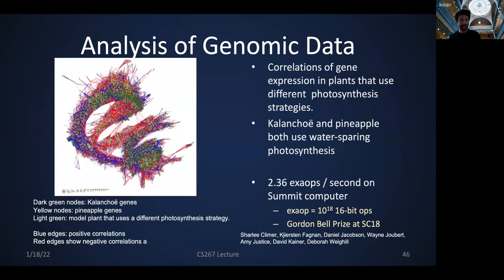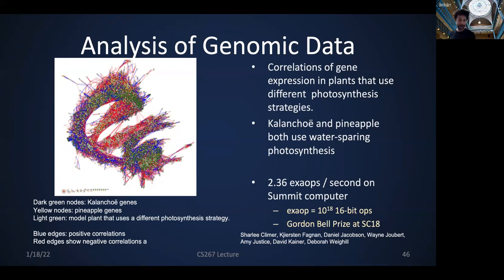And another application of high performance computing to genomics was from that picture that won the Gordon Bell Award in 2018, where they looked at combinations of genes that do certain tasks. And this is really a giant so-called GWAS study, genome-wide association study: what combinations of genes create what phenotype.